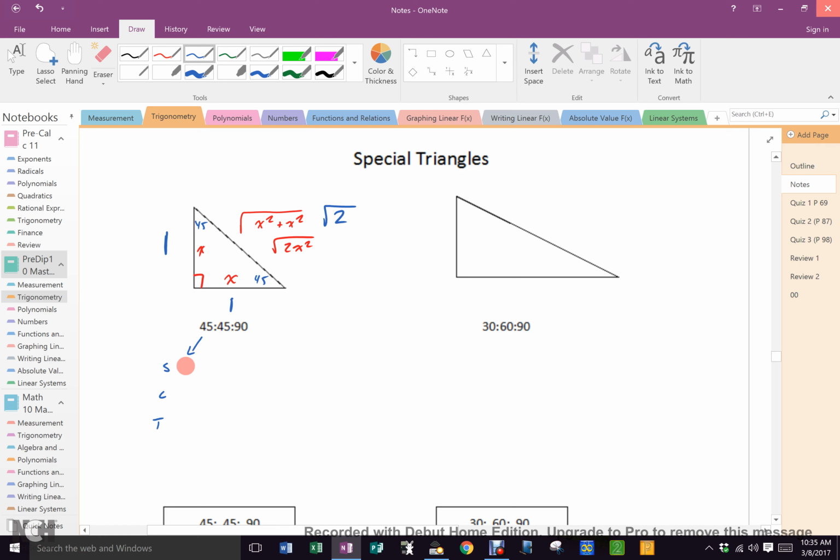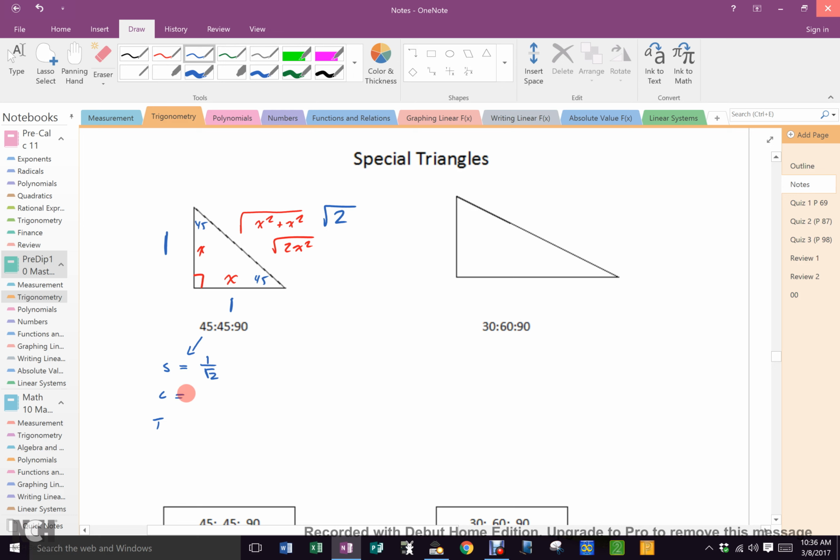What is the sine of 45? X over h? O over h? Or according to these blue numbers, what is it? 1 over root 2.